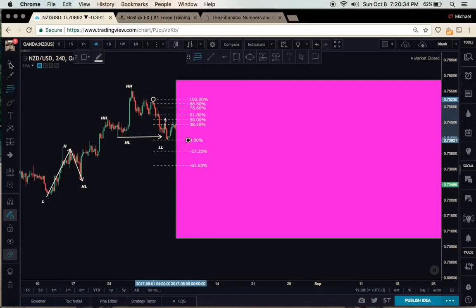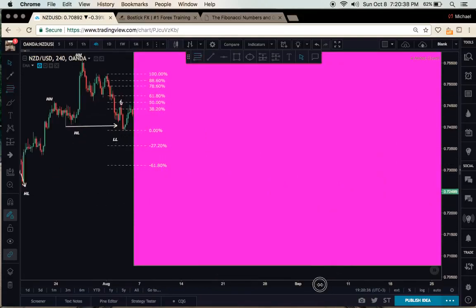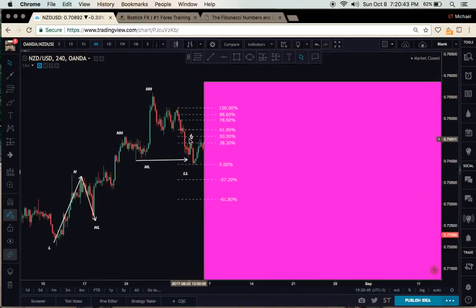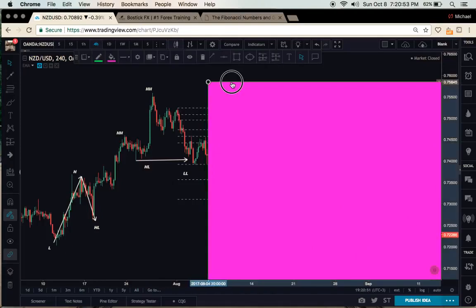And look what we have. Let me zoom in a little bit. We have price coming down and retracing right to our 38.2 level, wicking off of that and starting to move down. As you see, it moved down.